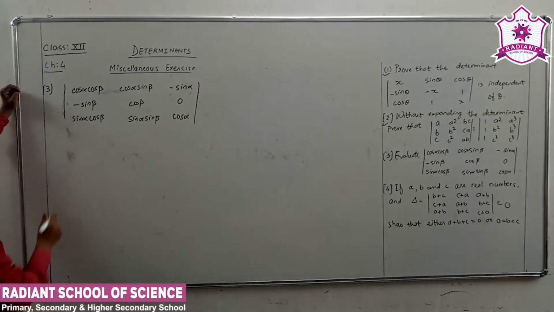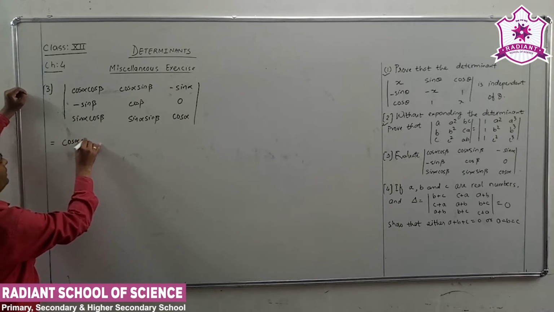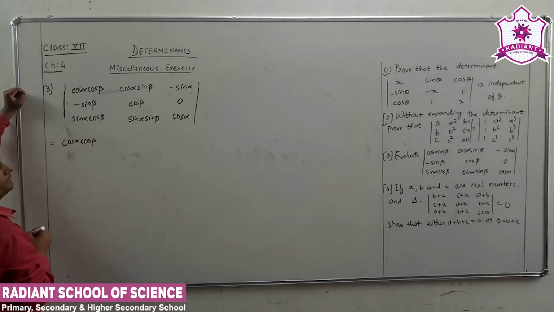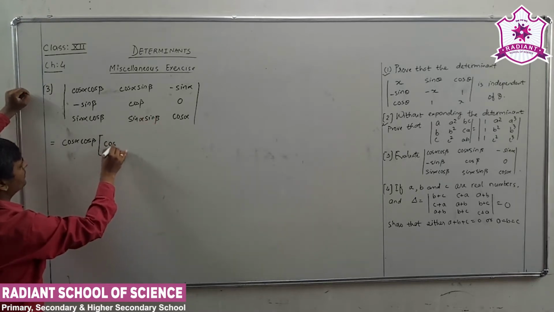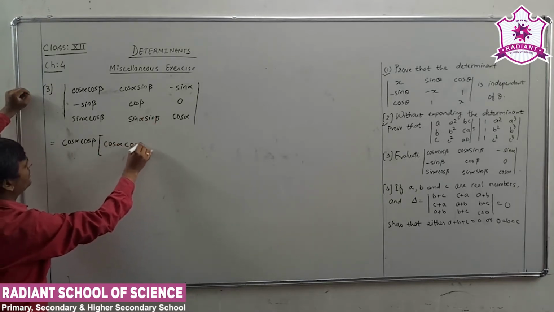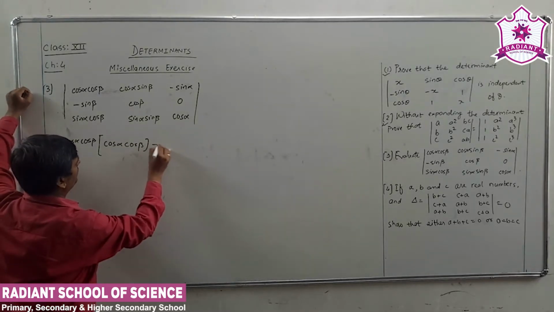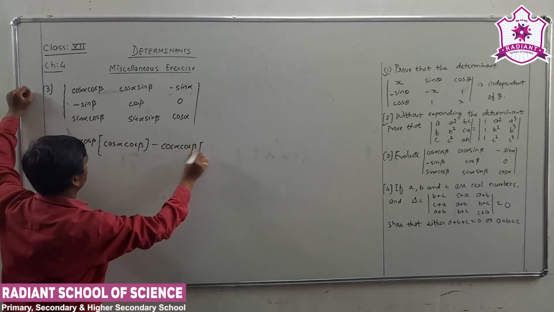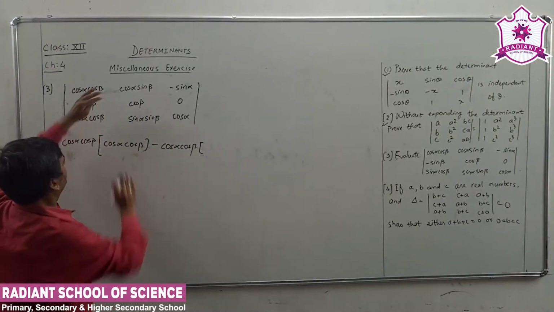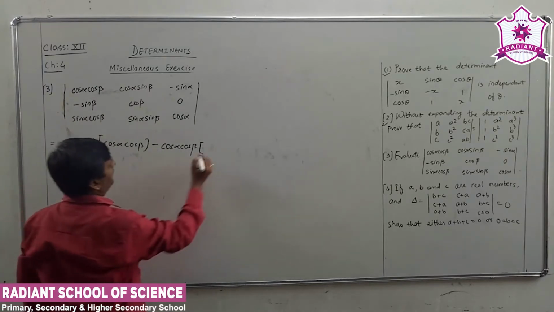Okay, expand along the first row. So we know that cos alpha into cos beta, right? So cross multiply, students. So cos alpha into cos beta into 0, so we can't write anything here. So no cos alpha into cos beta. Now the second element of this. So again you hide this. So minus into bracket and 0.